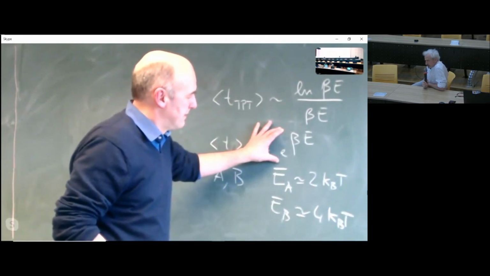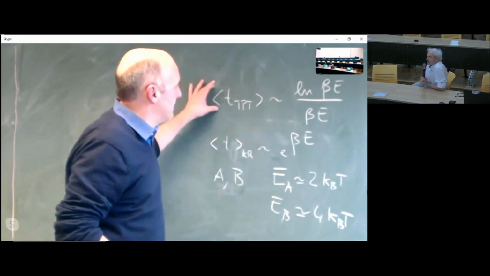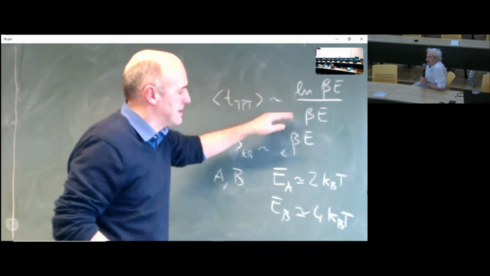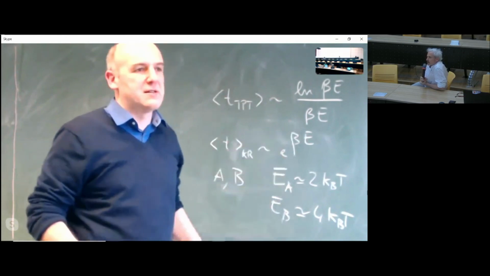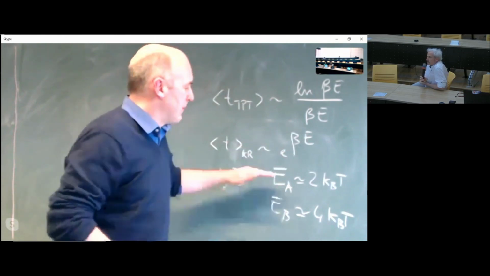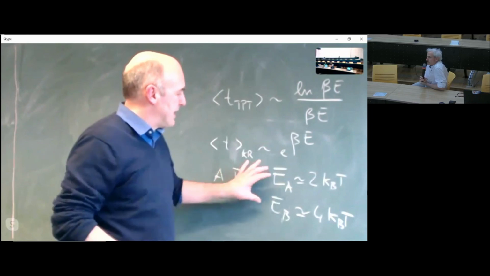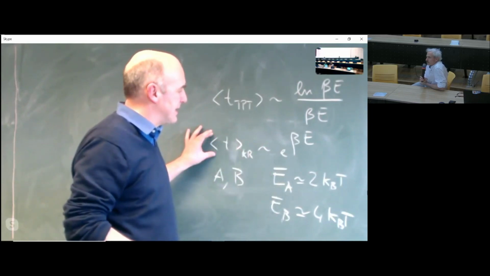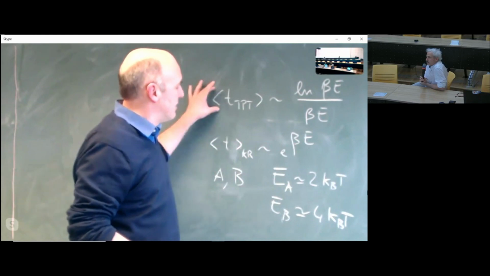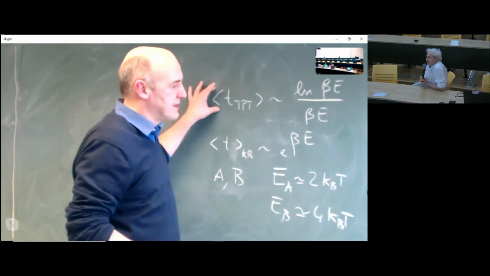Yes. The difference in their TPT is small. It's just a factor 2. Yes, I understand. But the other one goes into the exponential. Therefore, when people take two proteins and measure an enormous, very large difference in their Kramer's time, in their residence time, they still measure very similar TPT.